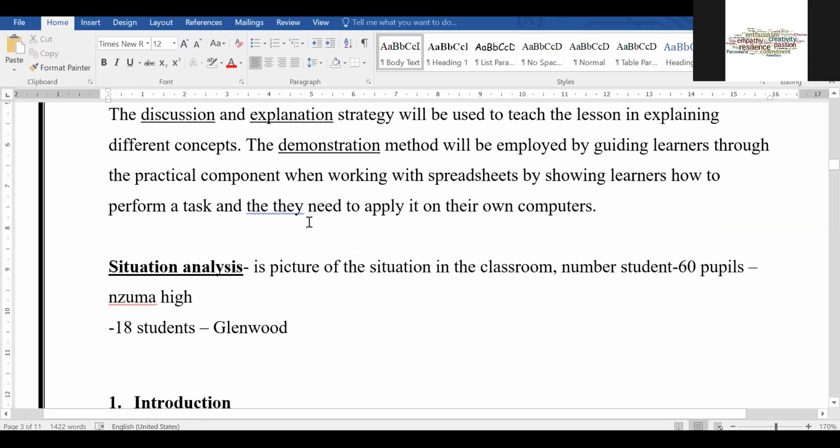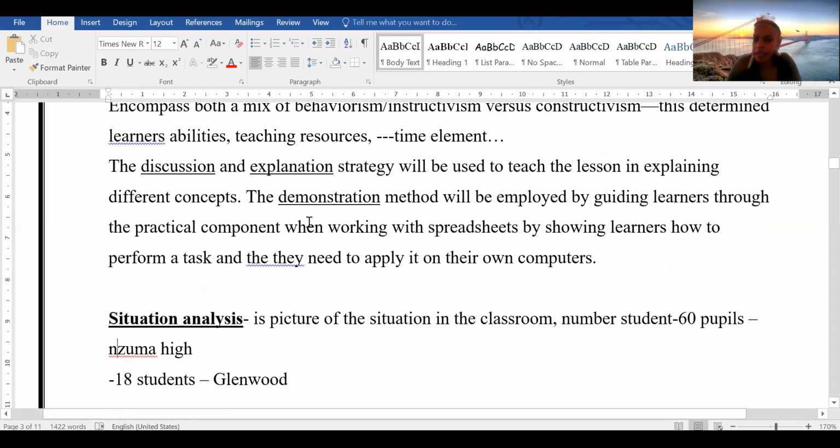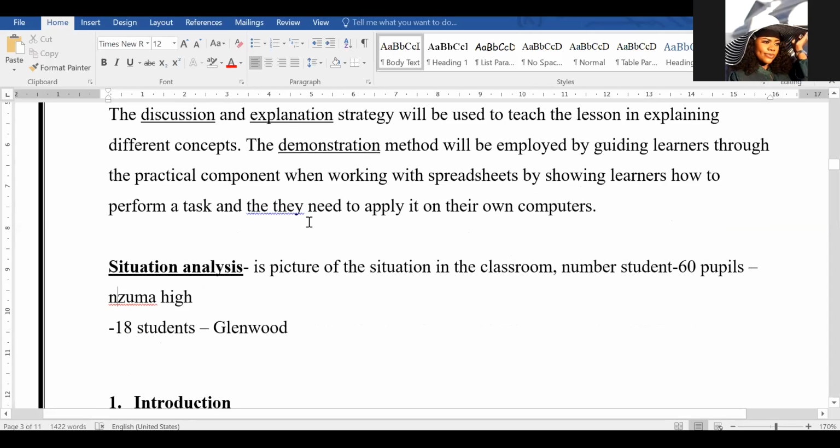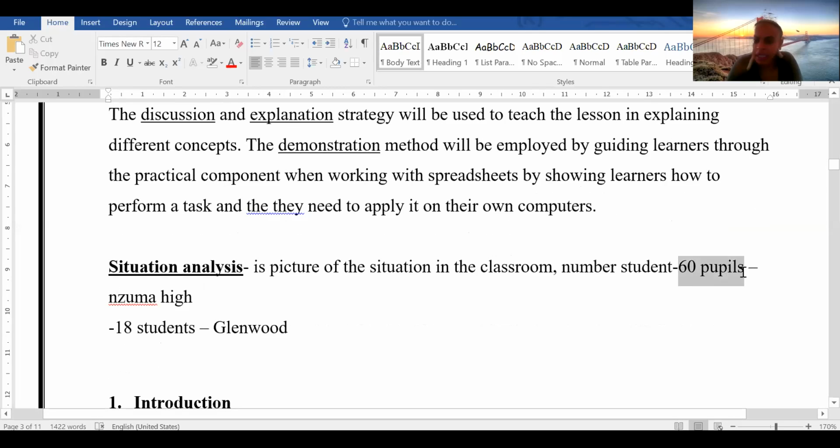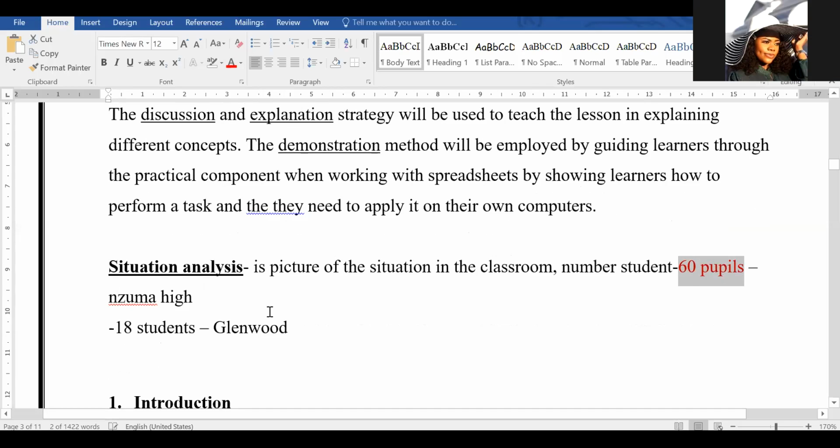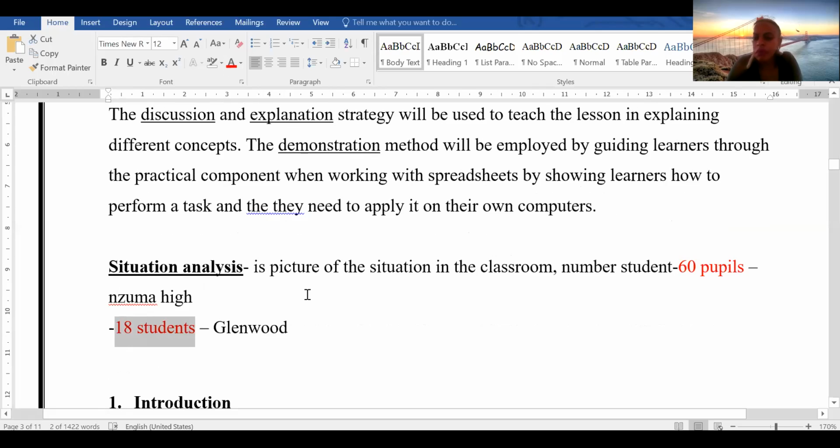Doctor. Yes. So if you have many students, like the school that you're talking about that has 60 learners in one class, that will affect your teaching strategy, or rather the way you're going to teach, because there'll be more learners and you won't be able to attend to each and every learner the way you want to.